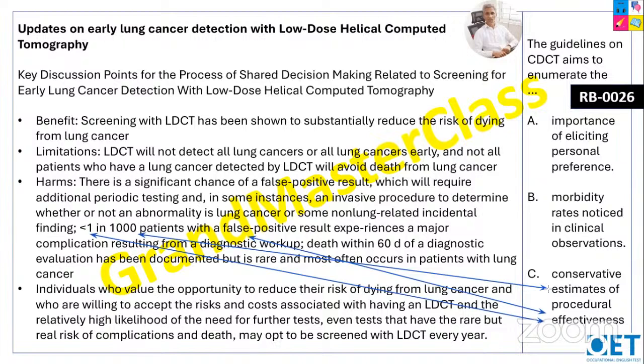Everything is very clear. 1 in 1,000 is a rough estimation, less than 1%, that means 0.01%. That's an estimate. You are giving a value. Estimation means value. You understand? Any doubts? So like this, you can find the answer.